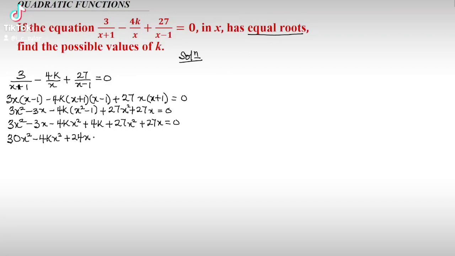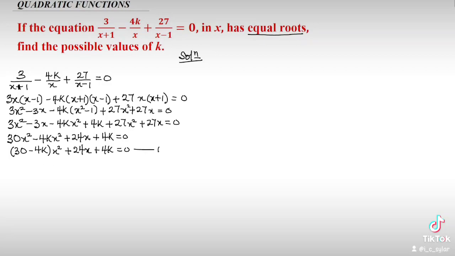Then the last thing I have here is positive 4k, and this is equal to 0. I need to rewrite this, that is group this, so that it's going to look like the general form of a quadratic. So I have 30 minus 4k x squared out because x squared is common, then plus 24x plus 4k, and this gives us 0.